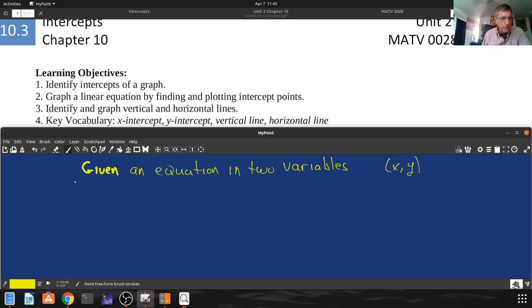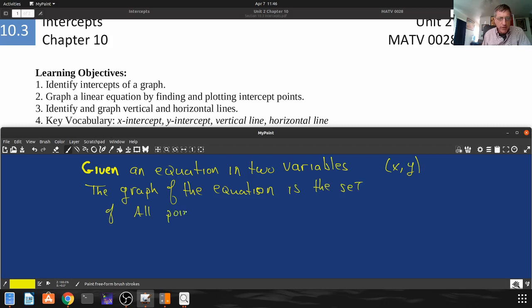So let's just recall some things about this. So the graph of the equation, so that's the visual aspect, is the set of all points.